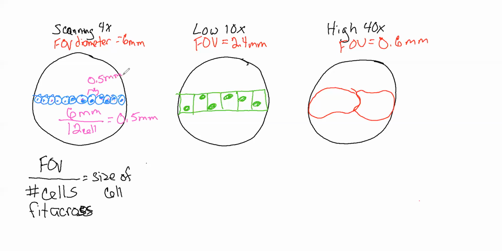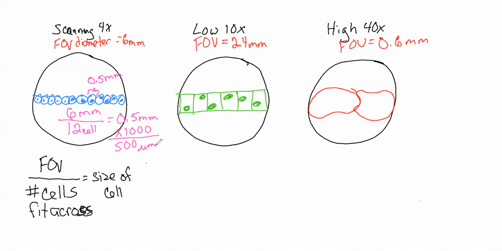Remember that we can convert that into micrometers by multiplying by 1,000, which gives us 500 micrometers. It's the same thing, we're just using different units, so we can estimate about how big these are.